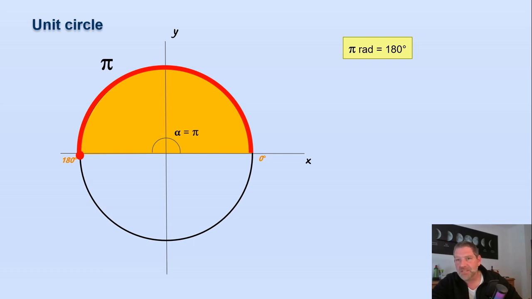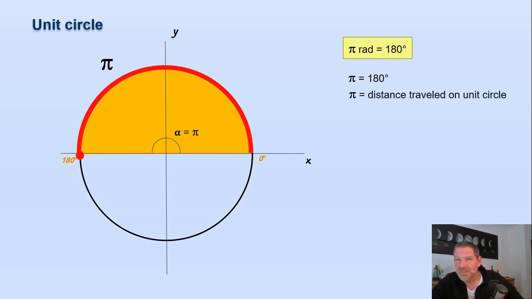So pi radians is 180 degrees. We've seen it already in the previous slide. And usually if you use pi, radians are understood. So you often also see pi is 180 degrees, even though more accurately would be to write pi radians every single time. But who does that, right?